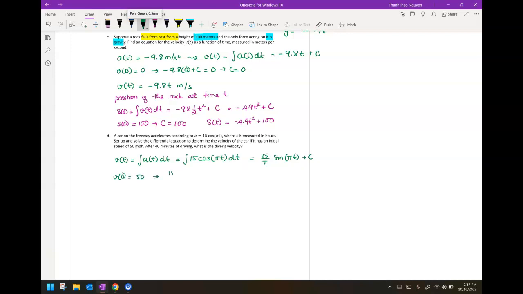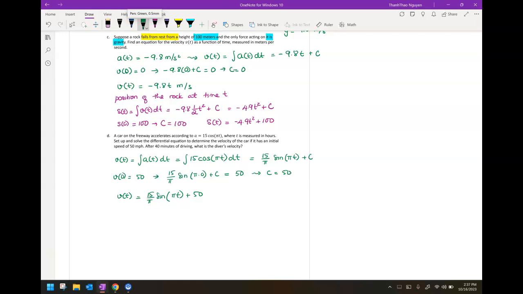This meant 15 over pi times sine of pi times 0 plus c equals 50. Sine of 0 equals 0, so c equals 50. So the velocity function is equal to 15 over pi times sine of pi t plus 50.